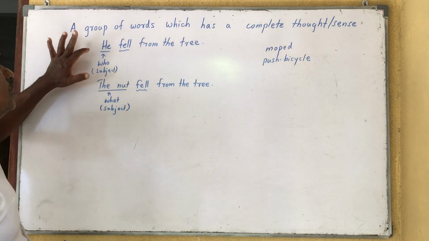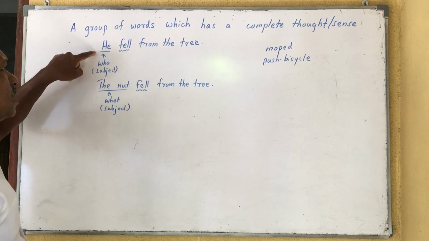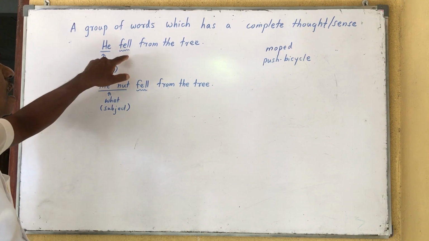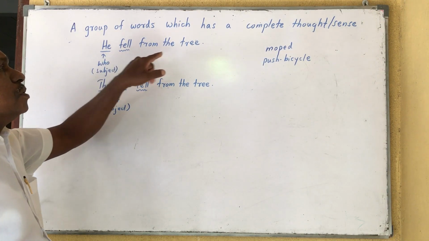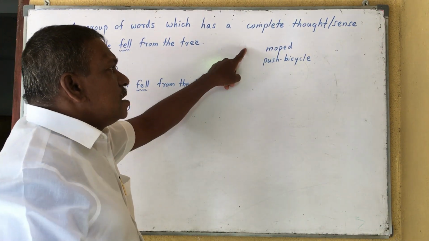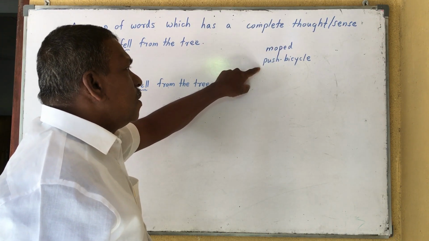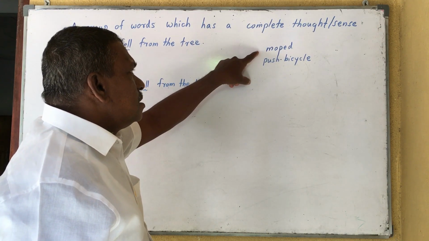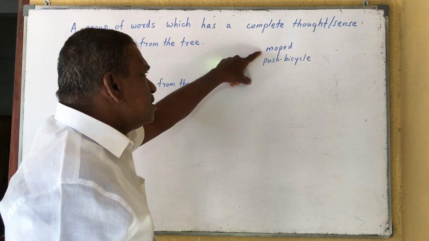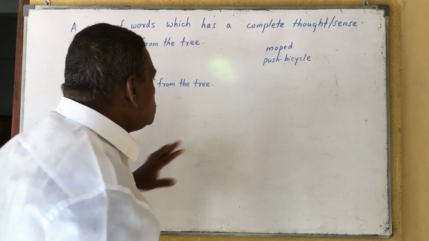So you know now the sentence has two parts. They are the subject and the verb. But subject and verb always do not make sentences. Similarly, a motorcycle has two wheels. Two wheels always do not make only motorcycles. For example, a moped has two wheels and a push cycle has two wheels as well.